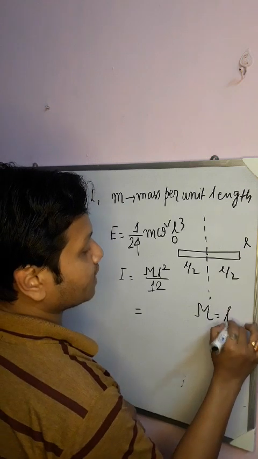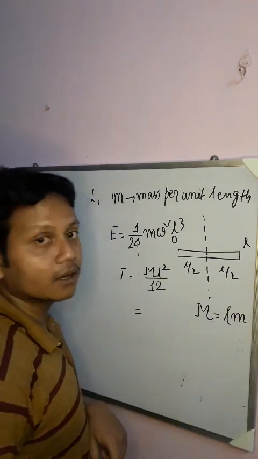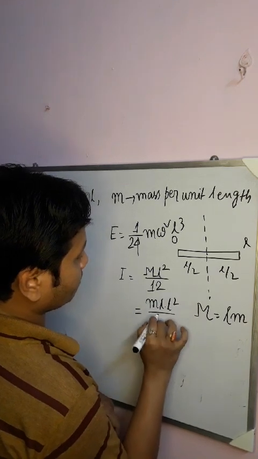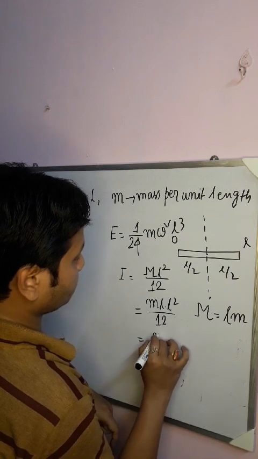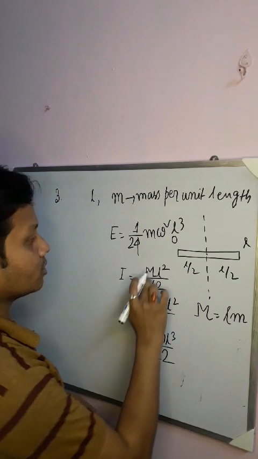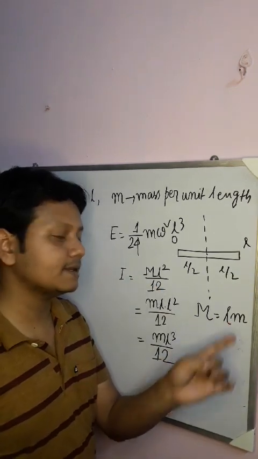So if L is the length and m is the mass per unit length, then we can substitute the total mass as mL. So mL into L square by 12, this is mL cube by 12. Instead of the total mass we put m into L, because m is mass per unit length and L is the length of the rod.